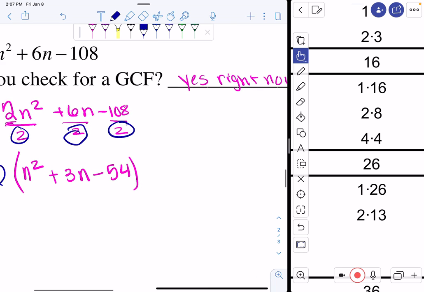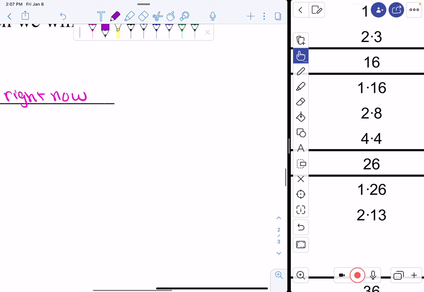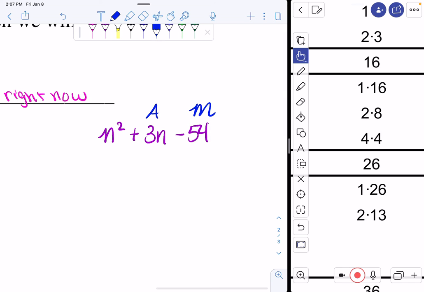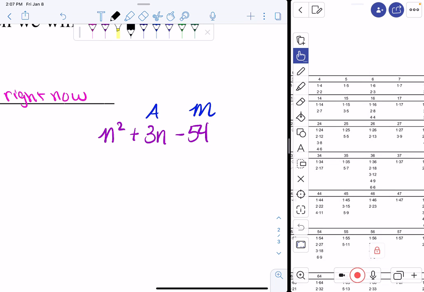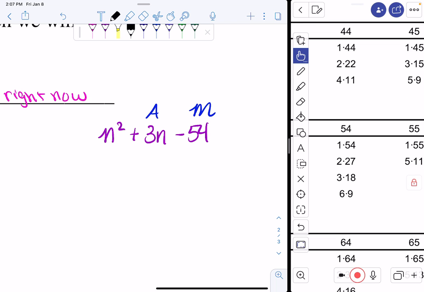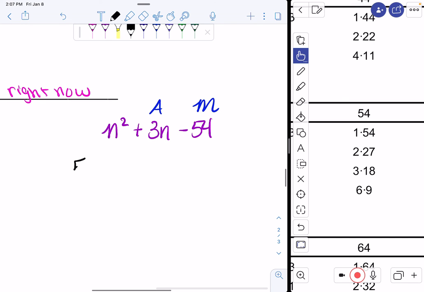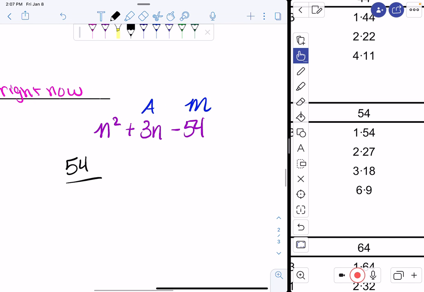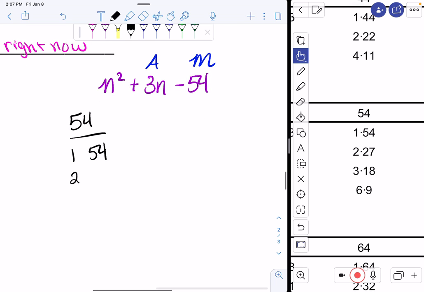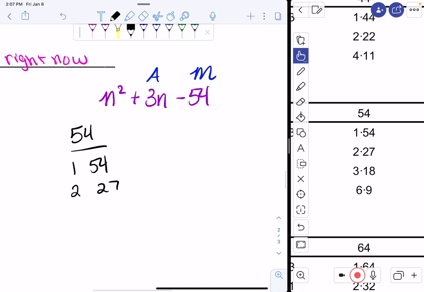Now I go to the side of my paper, and I want to factor n squared plus 3n minus 54. I want to add up to 3 and multiply to negative 54. So I list everything that multiplies to 54. In this case, there's 4 combinations: 1 and 54, 2 and 27, 3 and 18, and 6 and 9.